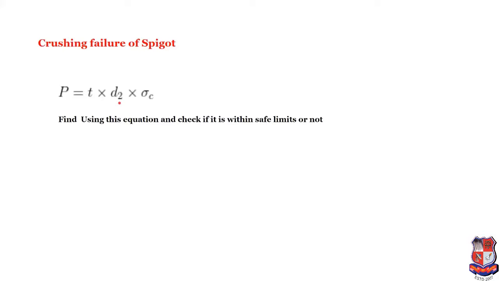So crushing stress is equal to load divided by projected area, and in this case the Cotter is in contact with the spigot, and that projected area is t into d2. So P is equal to t into d2 into sigma c, and we have to check whether sigma c is within the permissible limit or not.